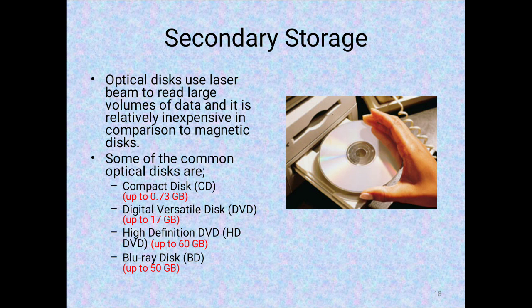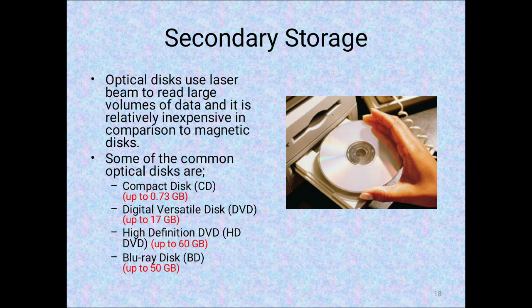Optical disk uses a laser beam to read large volumes of data, and it is relatively inexpensive in comparison to magnetic disk. Definitely, as you have seen, hard disk is costlier than CD or DVD. The reason is that it is easily available in the market, and the storage capacity is less than the hard disk.